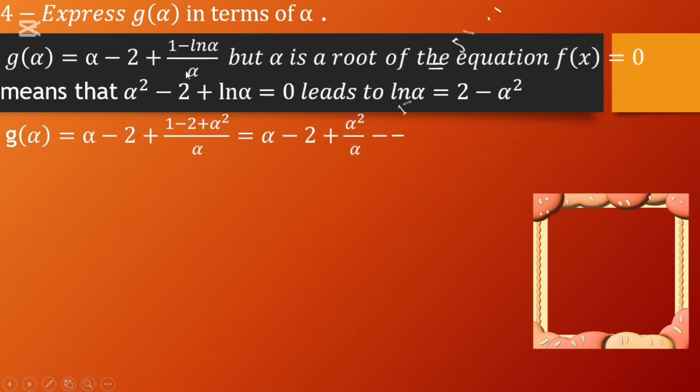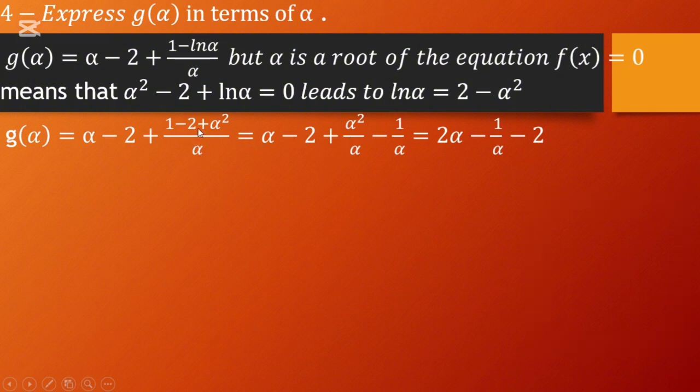So we substitute: 1 minus (2 minus alpha squared) over alpha, minus 2 plus alpha. Here we have alpha squared over alpha, which is alpha, and alpha plus alpha gives 2 alpha. Then minus 1 over alpha, and minus 2. So g of alpha equals 2 alpha minus 1 over alpha minus 2.